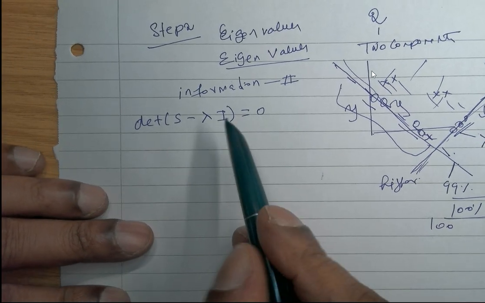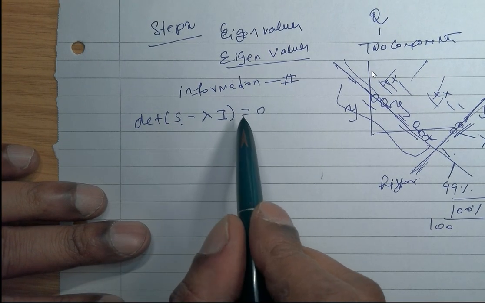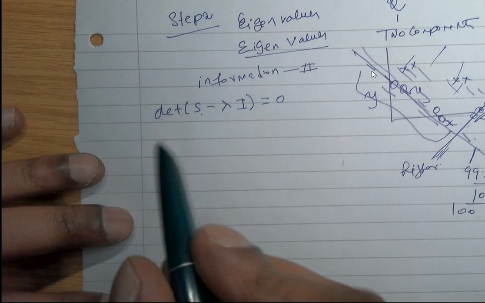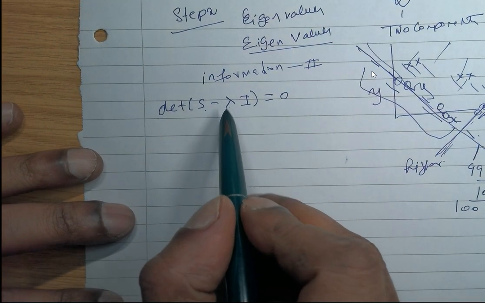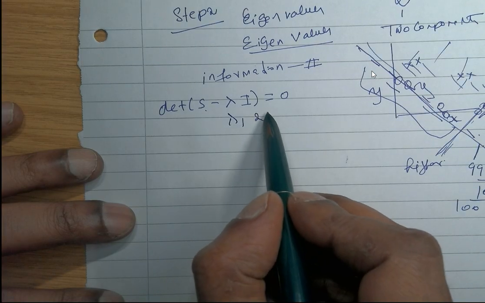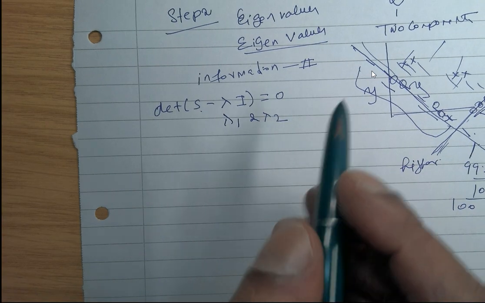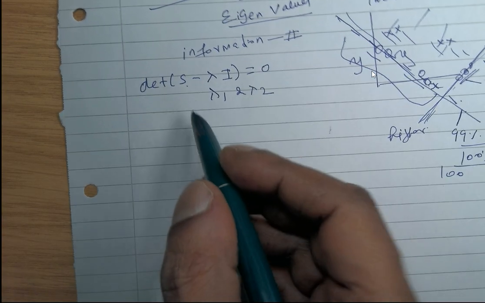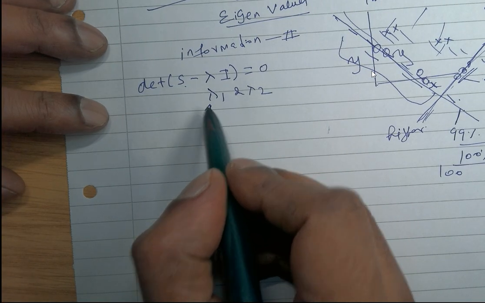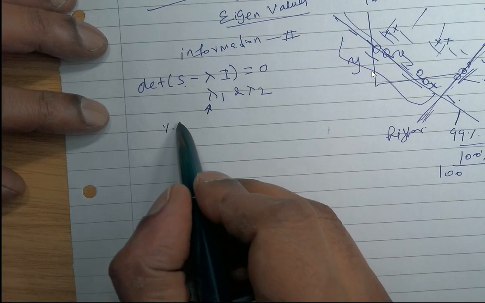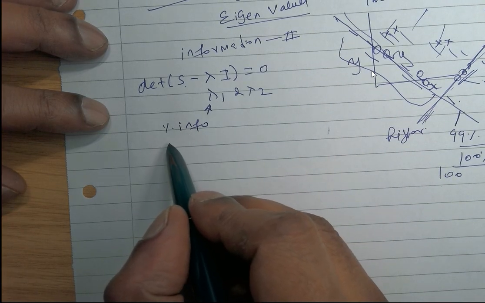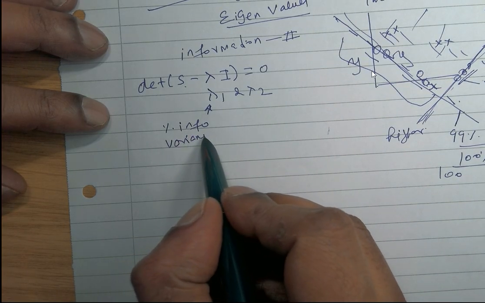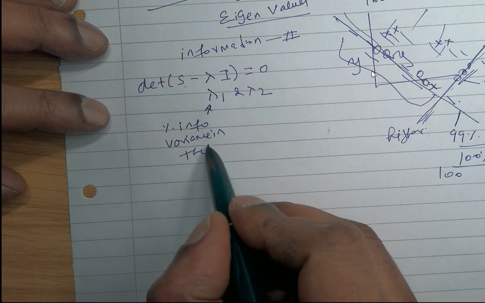So let's do this, S minus lambda I. Since you have two variables, you will get two lambdas, lambda 1 and lambda 2. Typically lambda 1 tells about the percentage of information, or percentage of variance, captured in the first principal component.